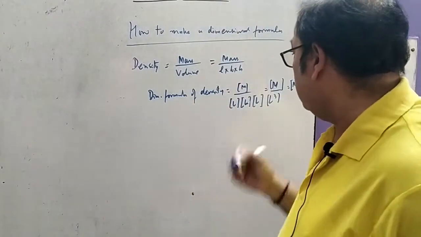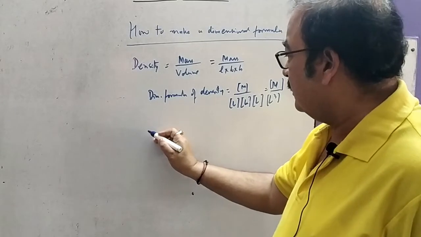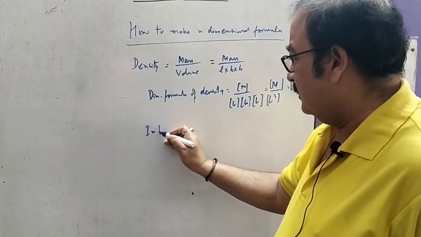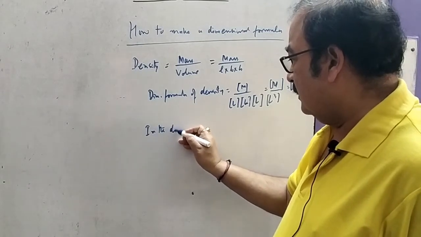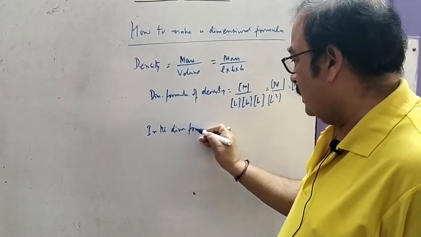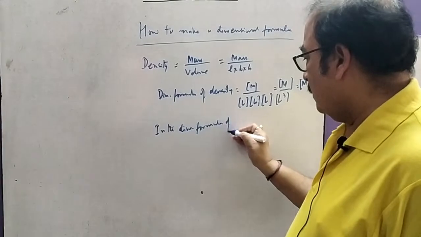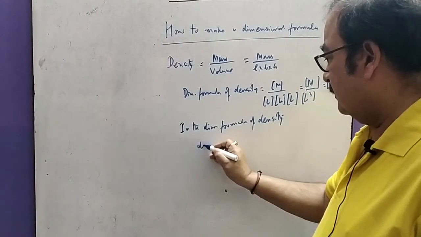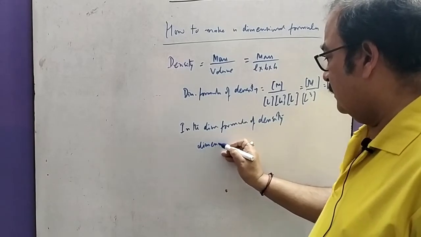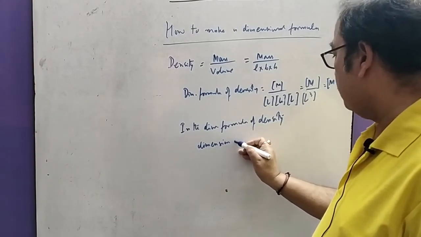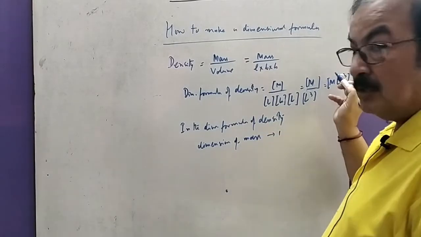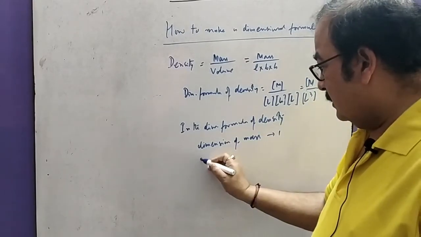Now here, in the dimensional formula of density, the dimension of mass is 1, the power 1 is there.